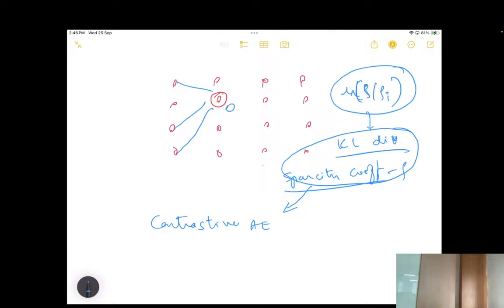How noisy an input I can give, I am maximizing that, so that I always reconstruct this.